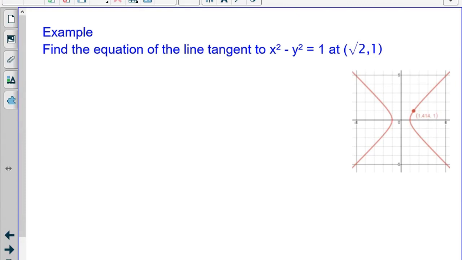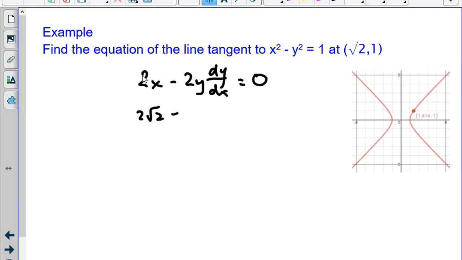We're going to find the equation of the line tangent to x squared minus y squared equals 1 at root 2 comma 1. So we will find the derivative with respect to x: 2x dx/dx, which we don't really need, minus 2y dy/dx equals 0, since the derivative of 1 is 0. Now we're going to substitute in root 2 for x and 1 for y.